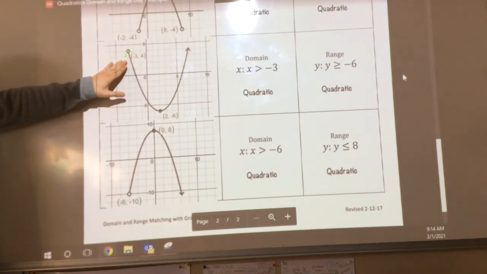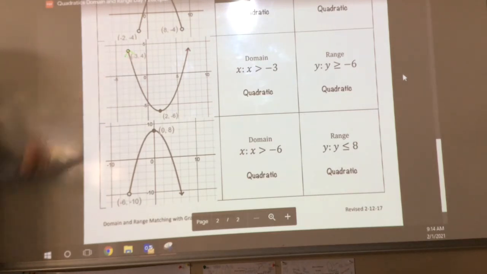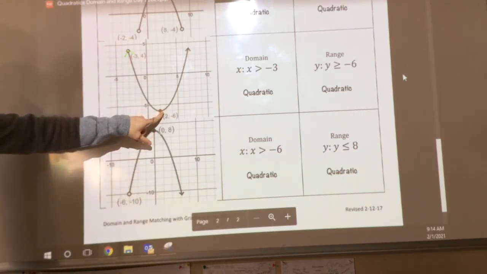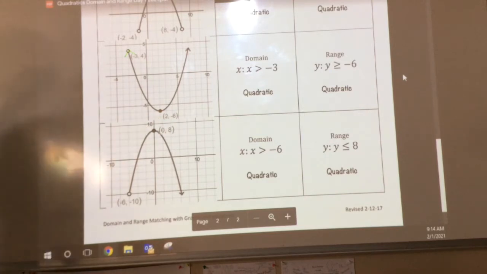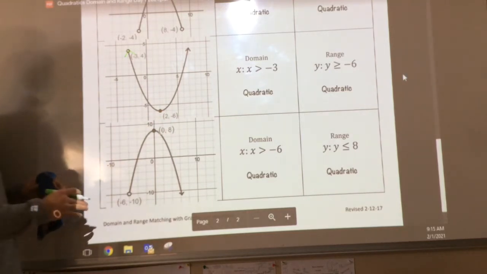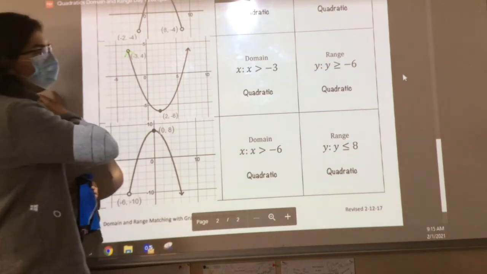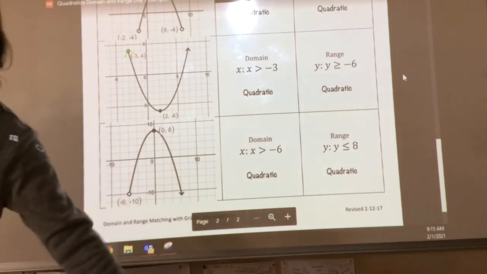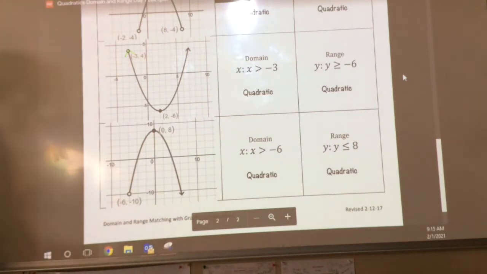I have changed this to not be an open circle, it's now an arrow. First of all, minimum or maximum point, which means my A value is positive, okay? My domain for this particular problem is going to be all real numbers. Okay, anybody tell me why the answer is going to be all real numbers for my domain, Brian?